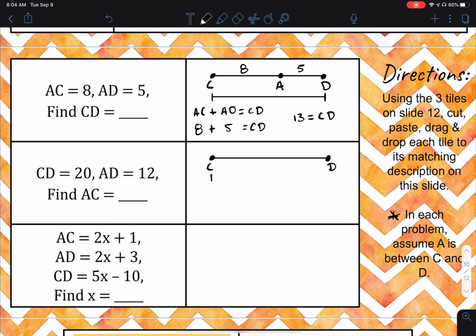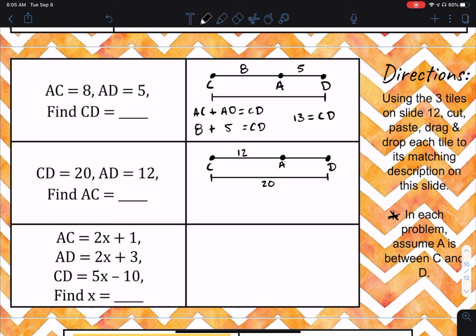So that means the total distance here is equal to 20. And then it says AD is equal to 12. So this distance here is 12.